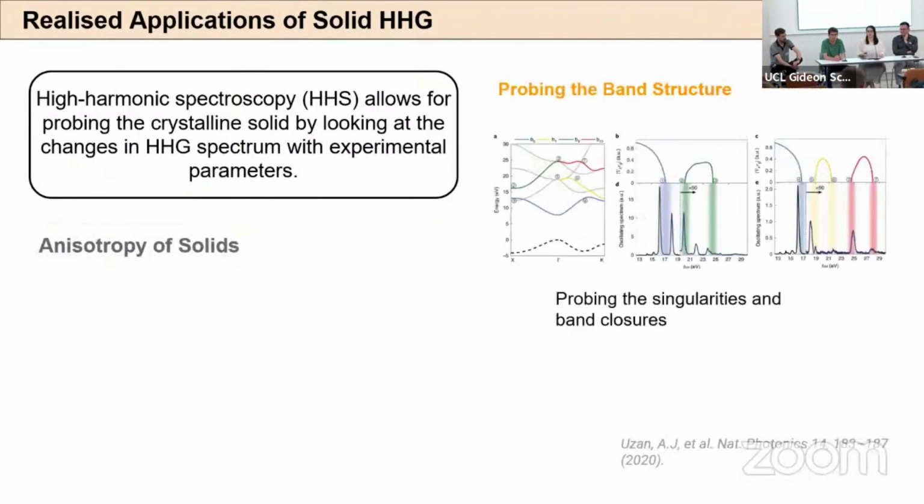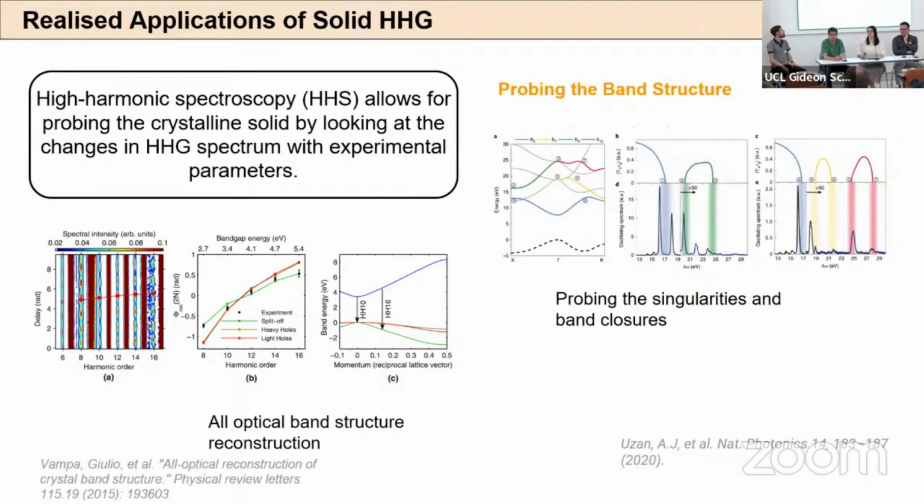And as mentioned before, high harmonics in solids were used by different groups as a very sensitive probe of the band structure of the solids, which Sham already mentioned is a very useful tool, especially in the unprobed regions which others cannot reach.